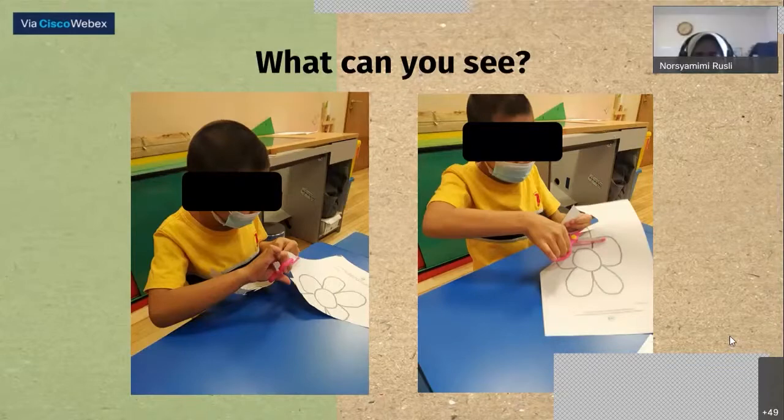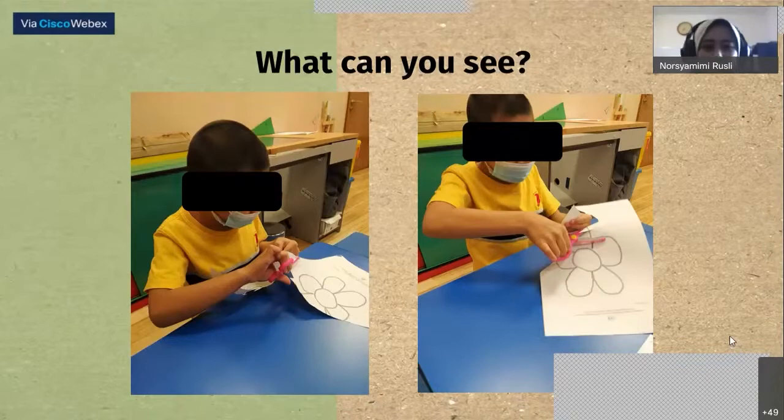Other than that, we know that the child is having difficulties with visual motor skill as well, right? Because he finds it hard for him to cut according to the line. He just snips the paper.